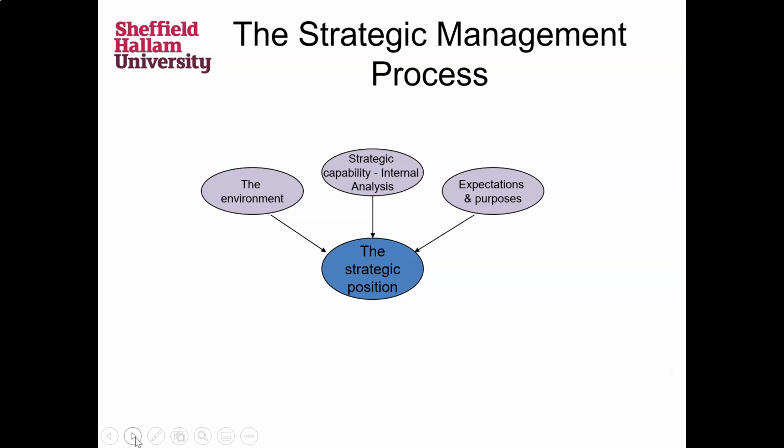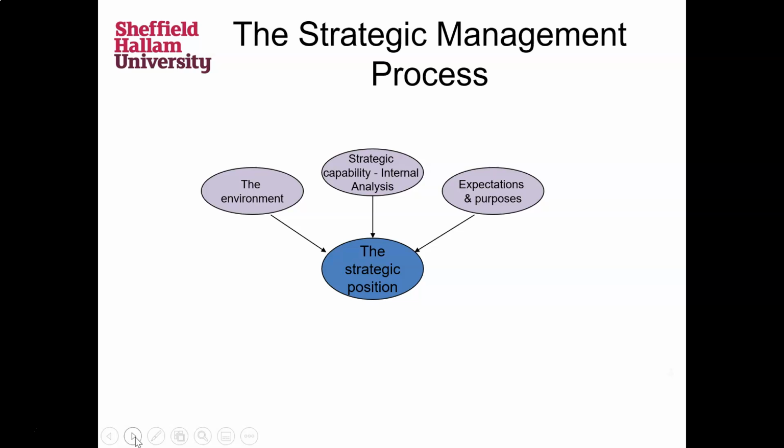And the strategic position also needs to take account of expectations and purposes. So the purpose of the organisation, its mission, its goals, and the expectations of stakeholders, the organisations who have an interest in the operations and the performance of the organisation.